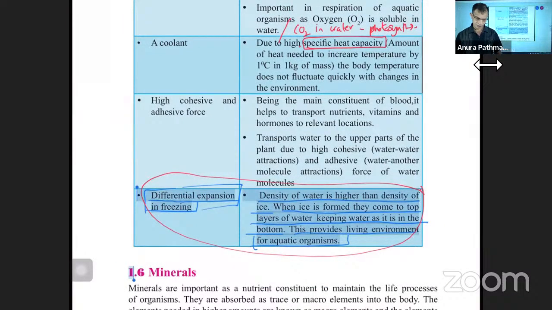The density of water is higher than the density of ice. When ice is formed, it comes to the top layer of water.